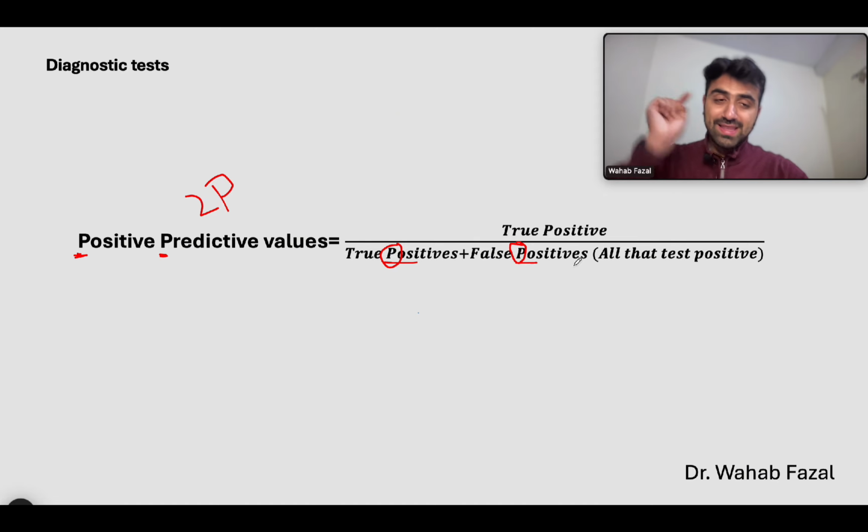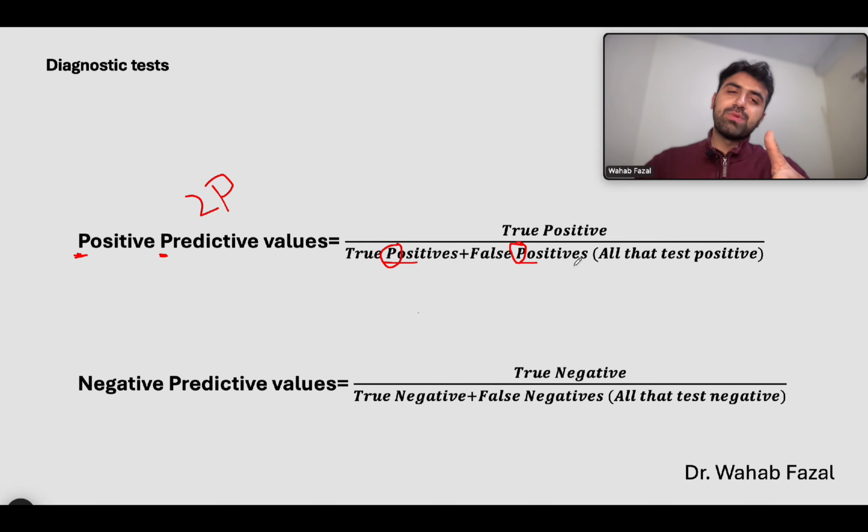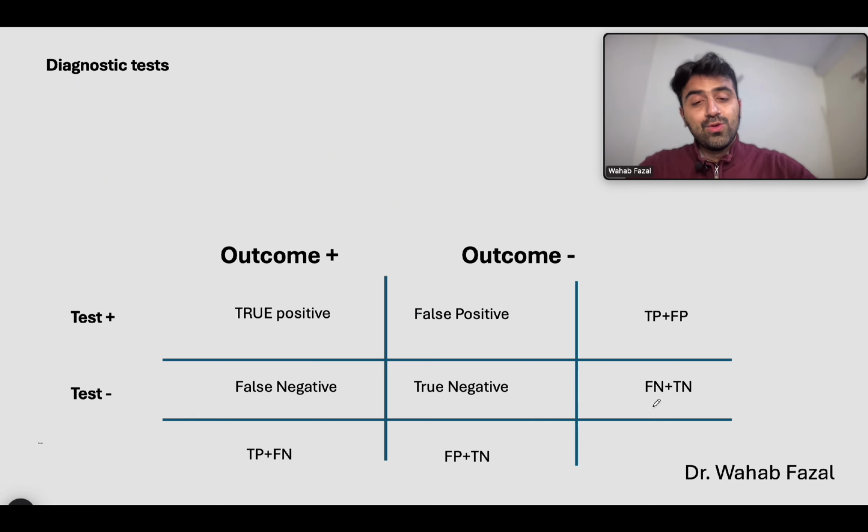If you just remember this formula, then negative predictive value follows the same principle. Negative predictive value is true negative over true negative plus false negative. It's the same principle being repeated again. You don't have to remember the theory from this. If you remember how to make the 3 cross 3 table, this is when it becomes relevant.